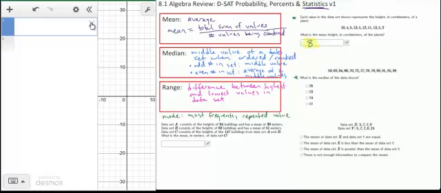If you search for the median command in the keyboard drop down and under the statistics functions, you can find it, or you can just type median. Okay, and so if I type median and I just list my numbers, again, just treat it as a list.